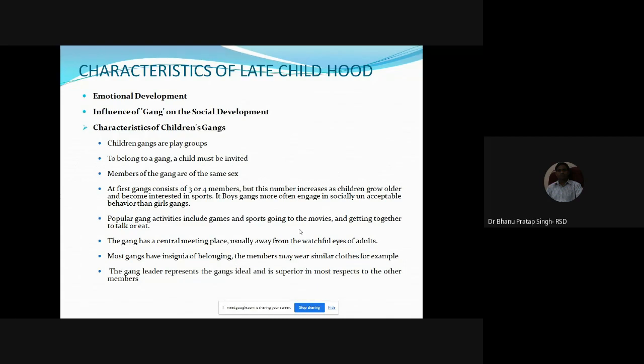They may wear similar clothes, and the gang leader represents the gang's ideas, and all members respect him. It means a kind of leadership quality is there and a kind of supporting quality is there.